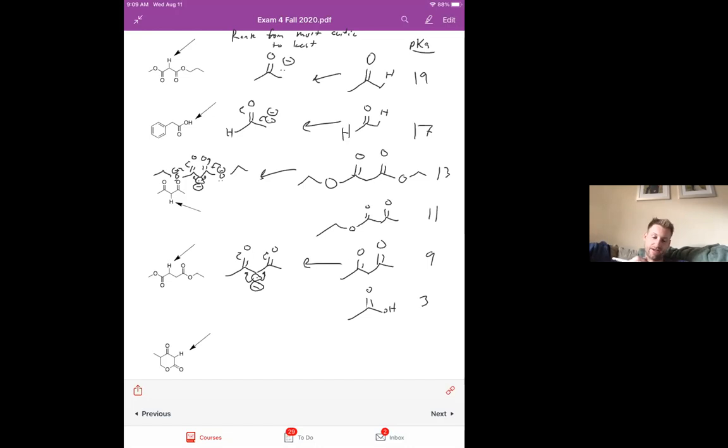Hyperconjugation is this concept that you have moments where you break carbon-hydrogen bonds very quickly, and you'll have your H plus floating off in solution.